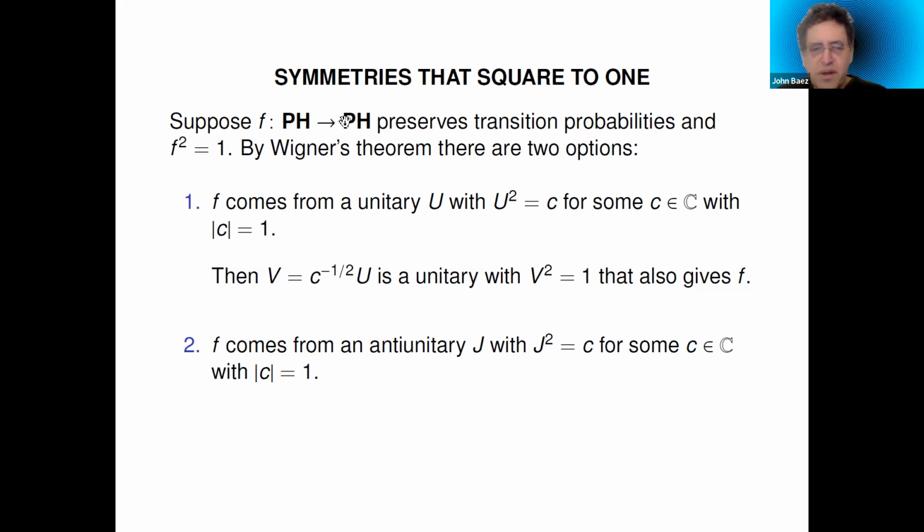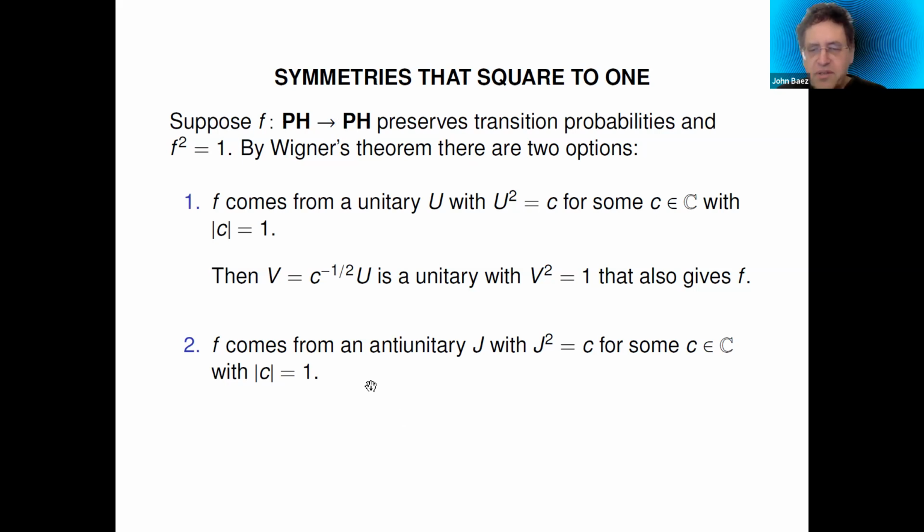So without loss of generality, we can fiddle with our unitary so that it squares to 1 and has the same effect on states. And that's what people typically do.